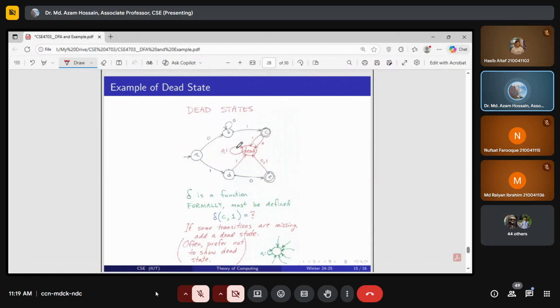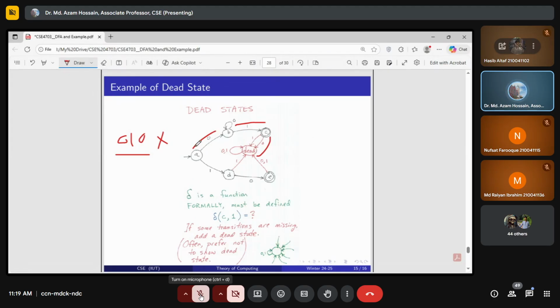We call it a dead state. Now look at this. If I have 0, 1, 0, this string doesn't belong to that machine, right? With 0 I am at B, with 1 I am at C, and once I get 0, I go to the dead state. That means this string doesn't belong to that machine.